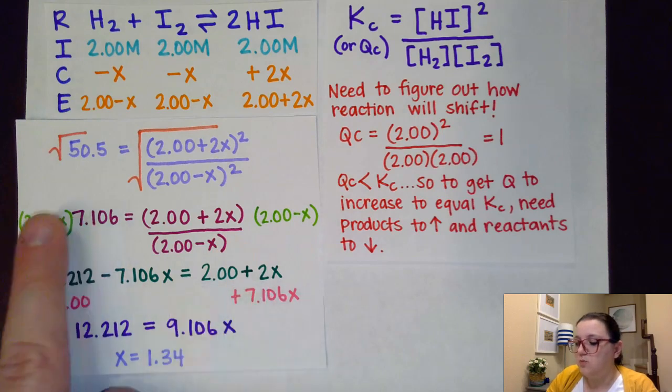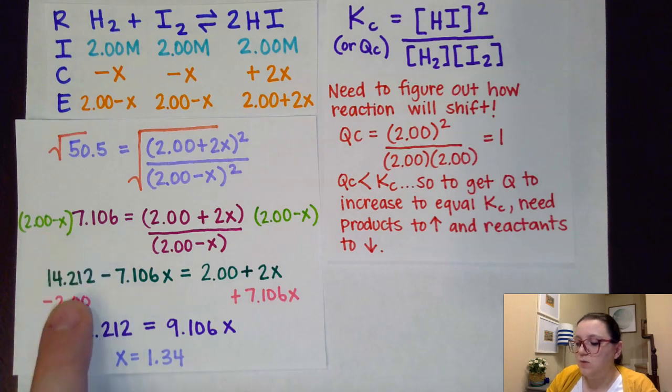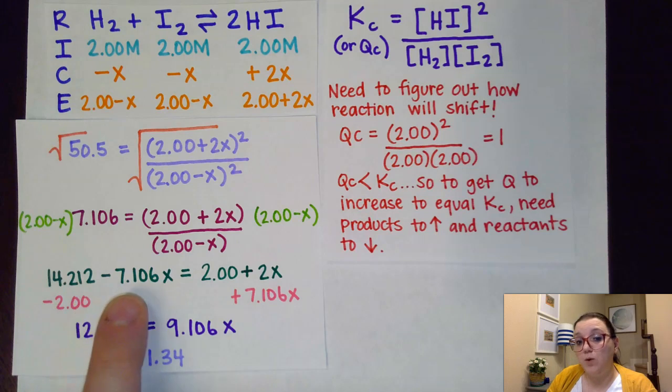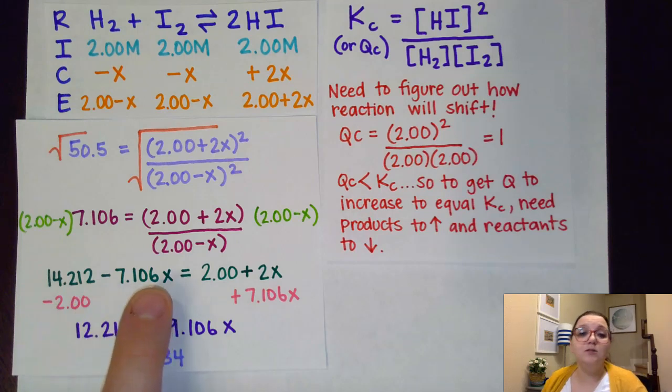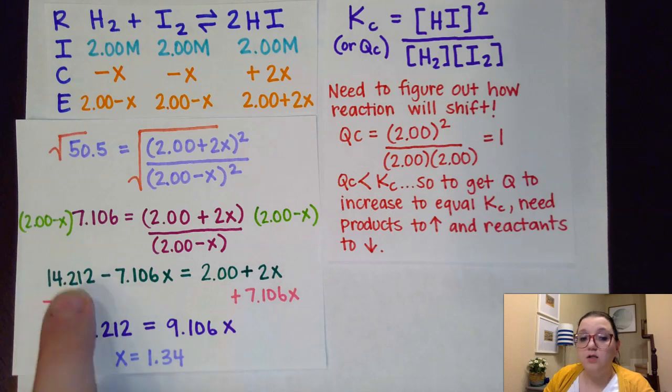Here, when I distribute the 7.106 to both terms, that leaves me with 14.212 minus 7.106x. And so now I would want to combine like terms. So what I chose to do is to combine all of the x terms over here and to combine all of the non-x terms on this side.